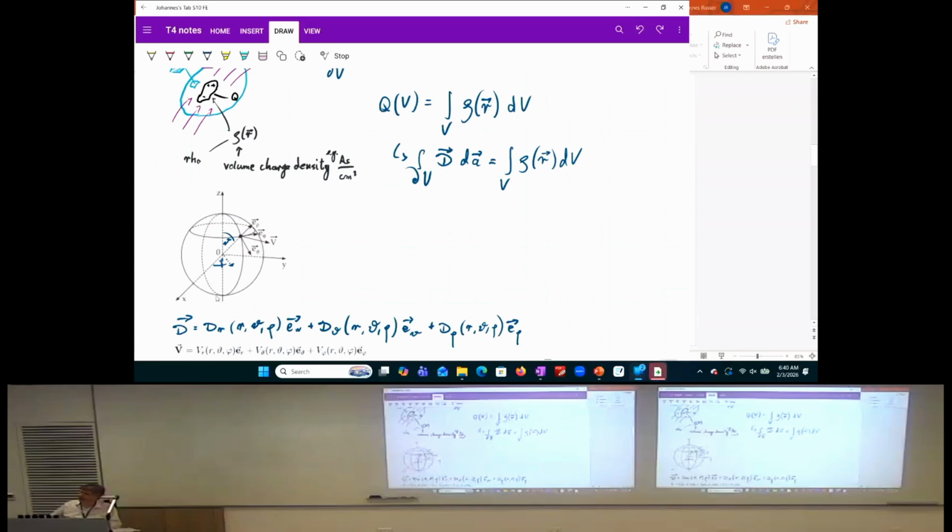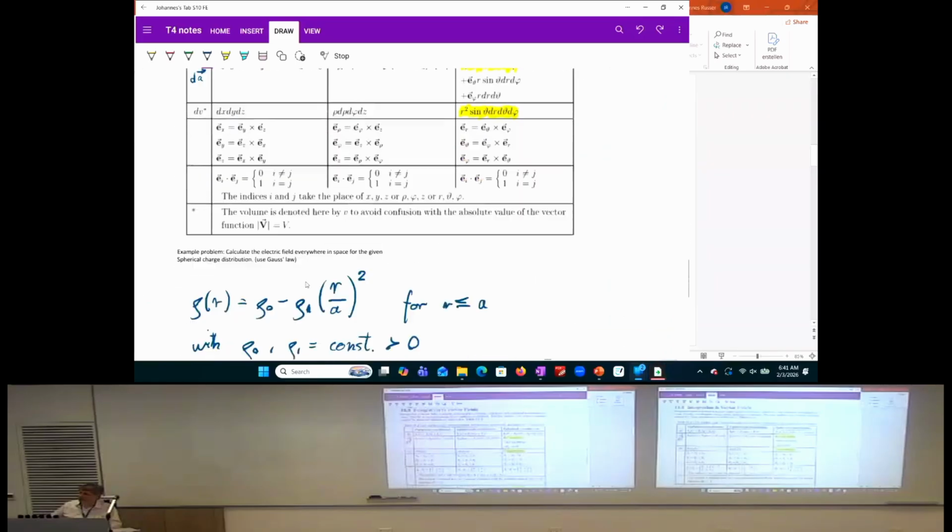Otherwise, if it was running from 0 to 2 pi, you would get twice the surface of that sphere. So you have one variable, phi, running from 0 to 2 pi, and theta running from 0 to pi. You could technically also do it the other way around, but that is not the customary way to do it.